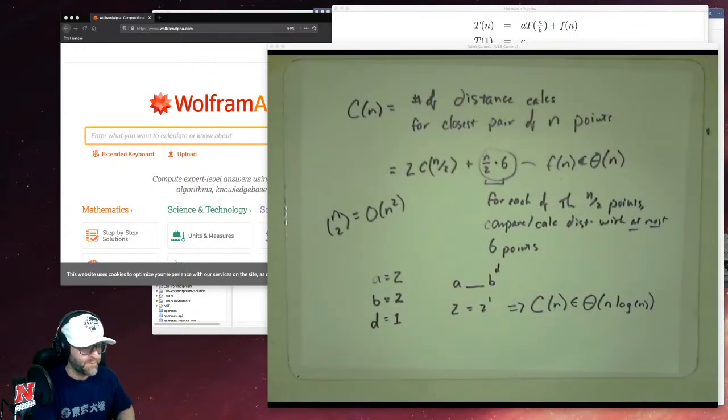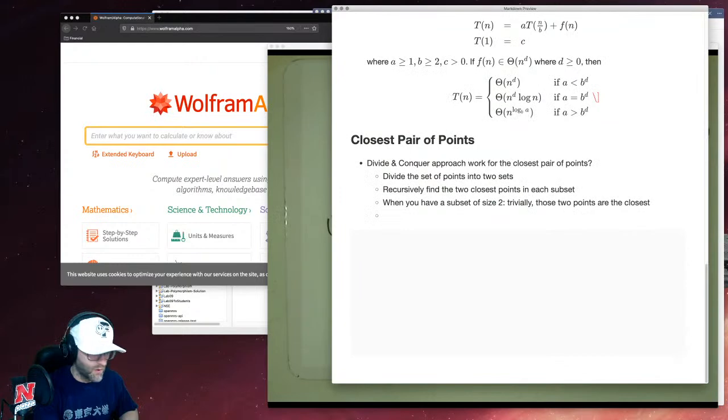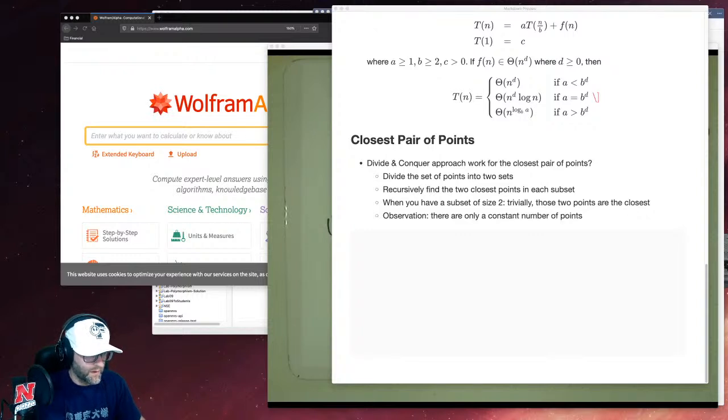Okay. All right. So, again, our observation out of this is that there are only a constant number of points that we have to consider on the right-hand side. There we go.